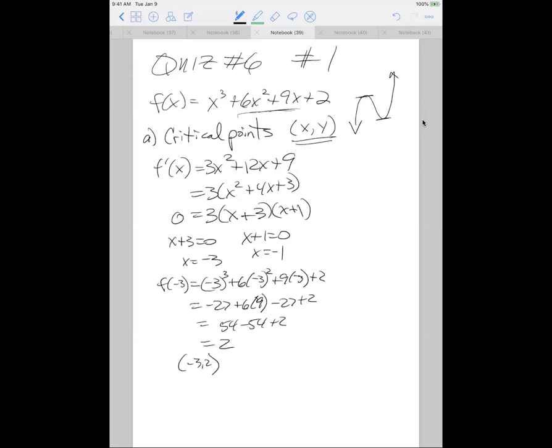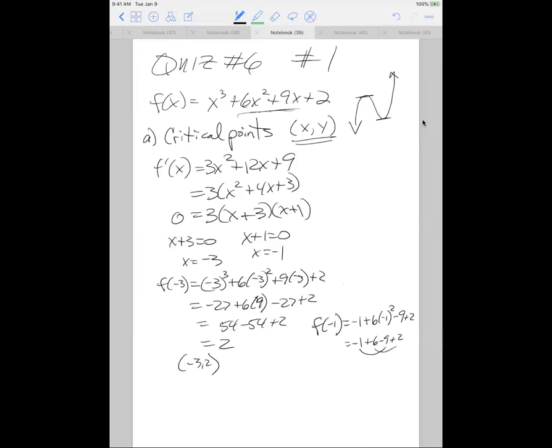That's one critical point. The other one is going to be where x equals minus 1. And we have f of minus 1 equal to negative 1 cubed plus 6 times minus 1 squared, minus 9 plus 2. That's going to be minus 1 plus 6 minus 9 plus 2.